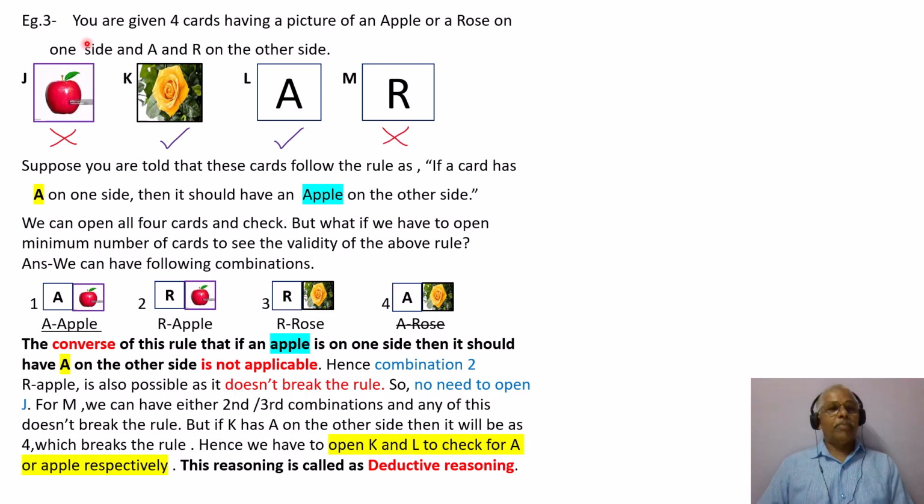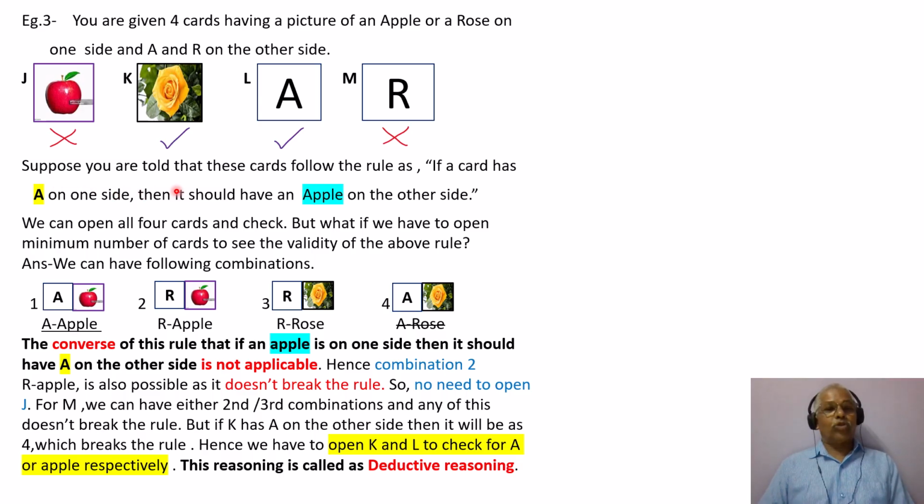Third example, you are given four cards having a picture of an apple or a rose on one side, and A and R on the other side. Okay, J, K, L, M, you have labeled them for simplicity.